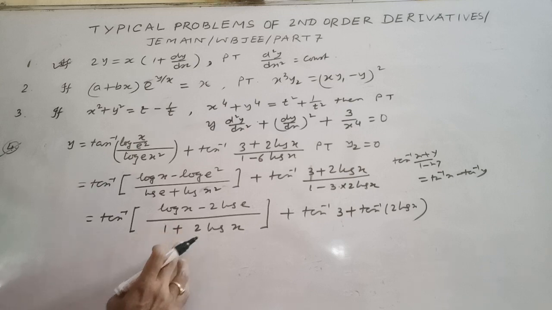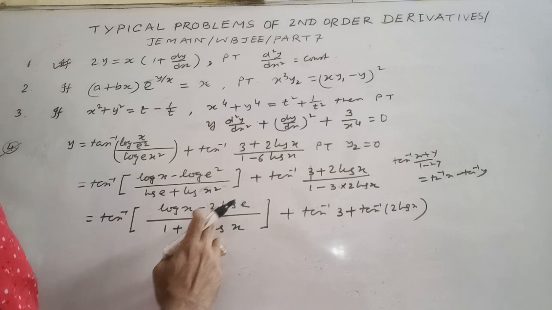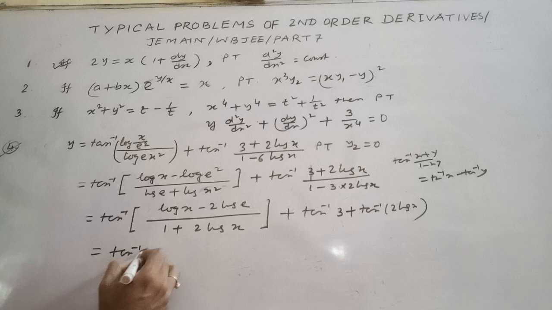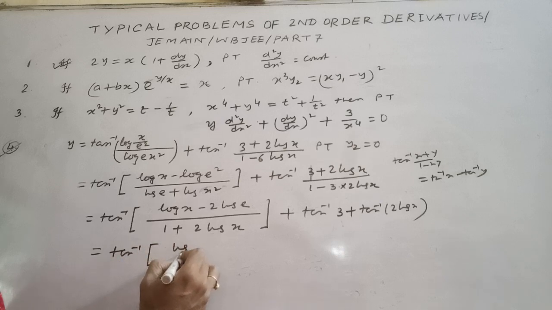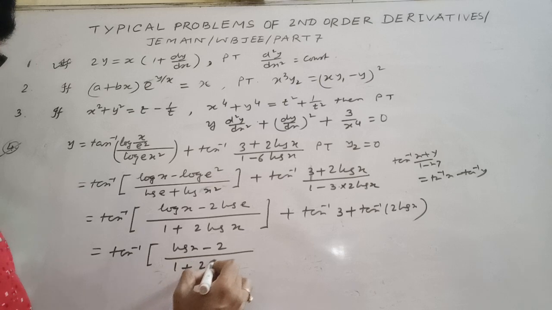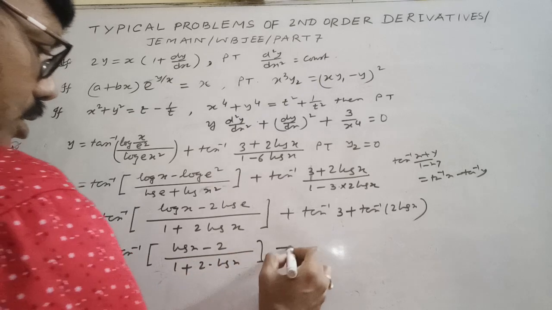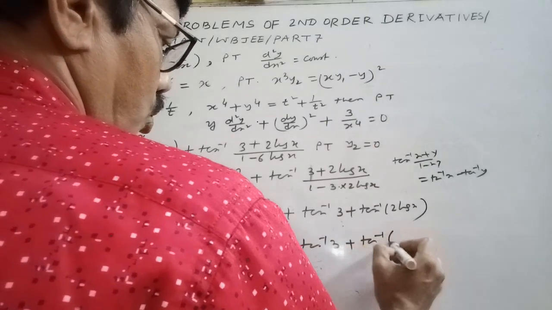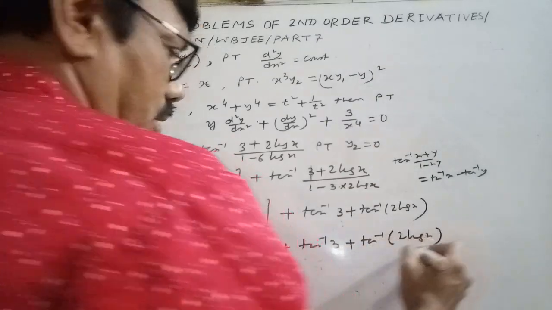Now this one is log e. What is log e? Log e is 2. So tan inverse of (log x minus 2) by (1 plus 2 into log x). Tan inverse 3 plus tan inverse 2 log x.